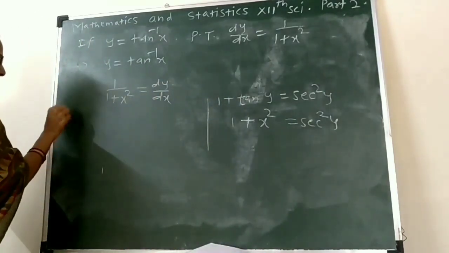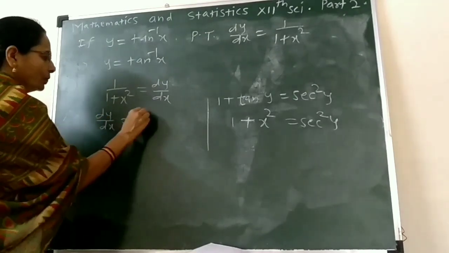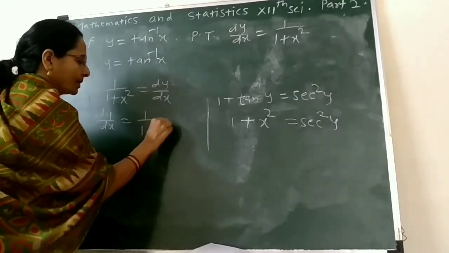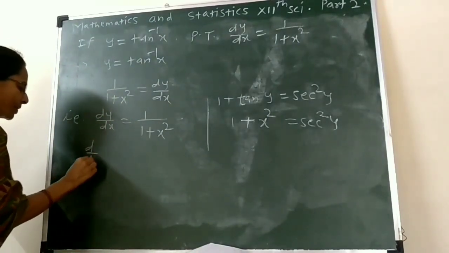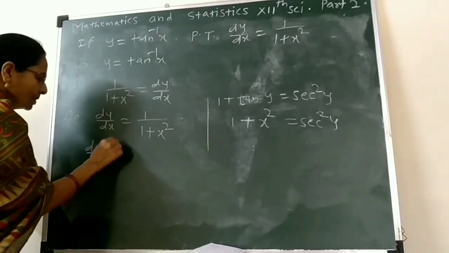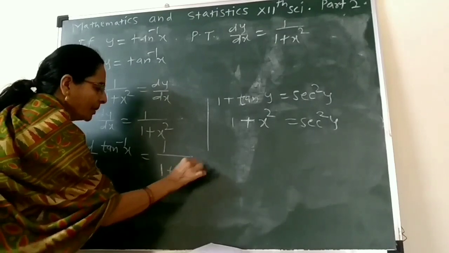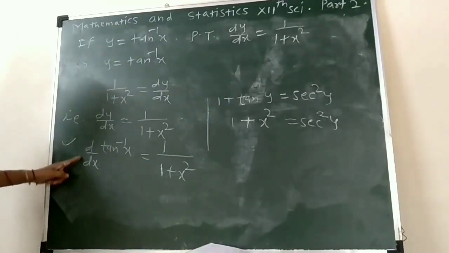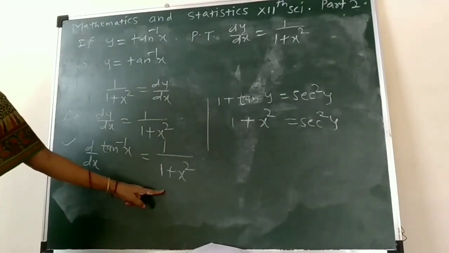That is, dy by dx is equal to 1 upon 1 plus x square. But y is tan inverse x, so the derivative is 1 upon 1 plus x square. Remember this formula, d/dx of tan inverse x is 1 upon 1 plus x square.